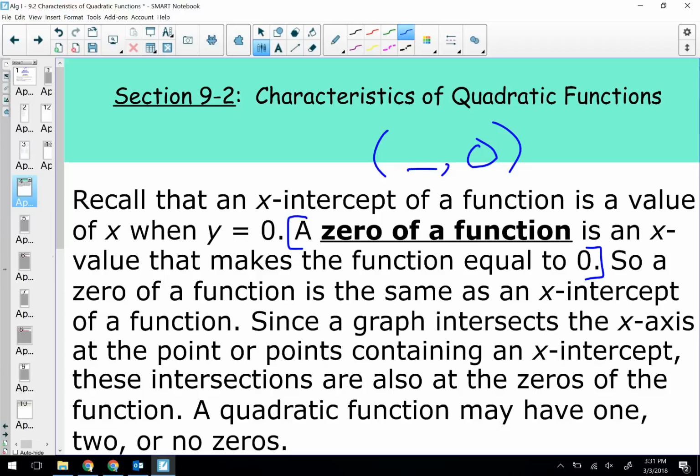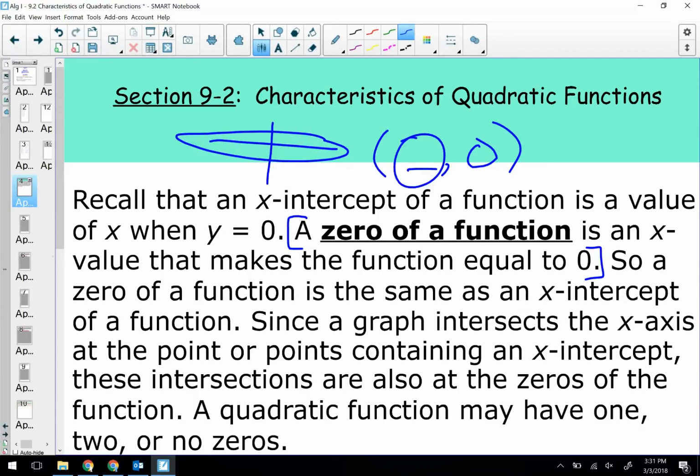Those two things are synonymous. The number that goes here is the place where it crosses the x-axis. Remember that the x-axis is my horizontal axis, not my vertical axis.